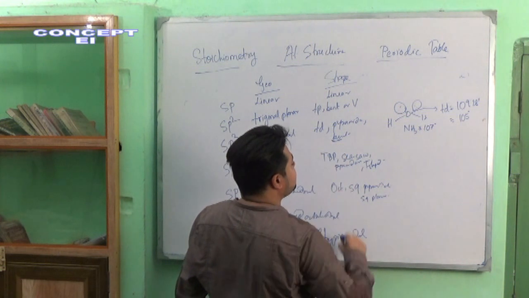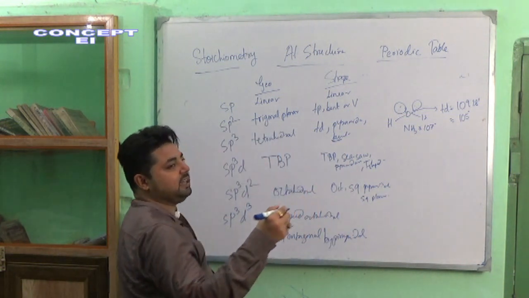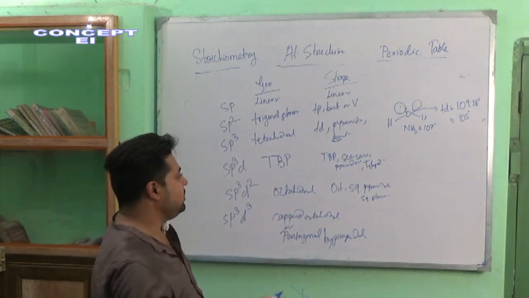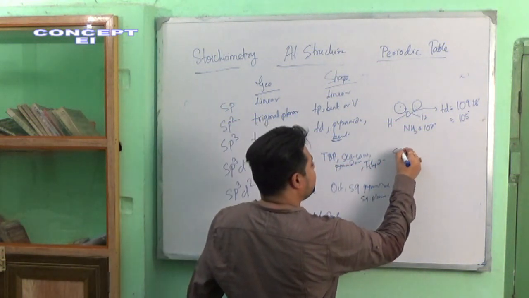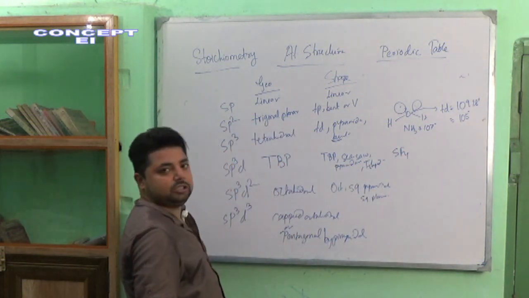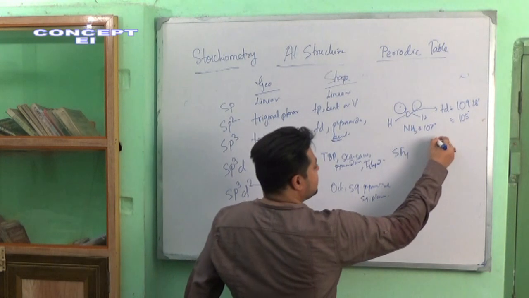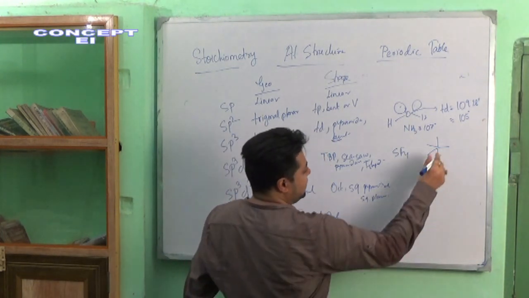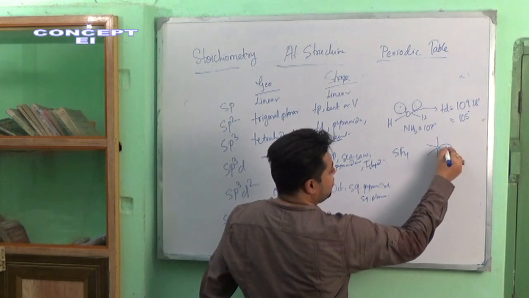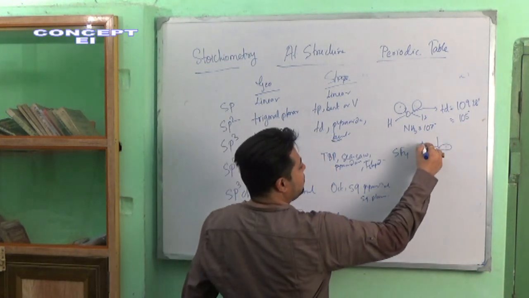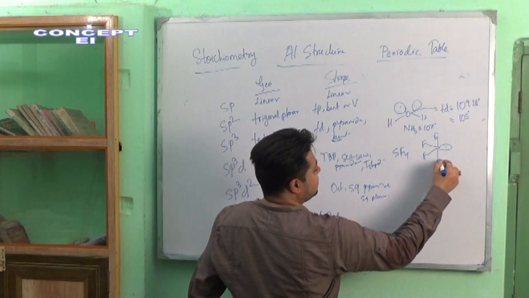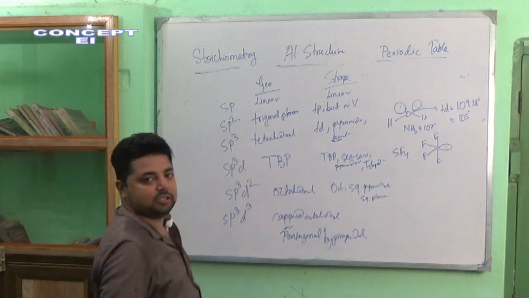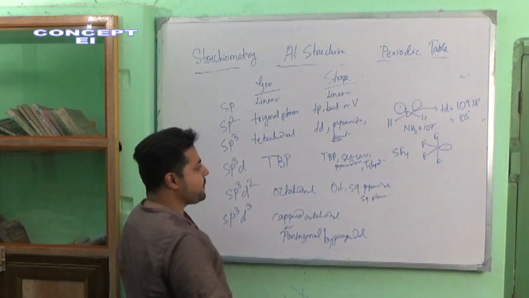In TBP structure you can have anything, okay, but in SF4, seesaw shape. This is a trigonal bipyramidal structure, and this position will be occupied by the lone pair, and all the others. So it will have a seesaw shape.